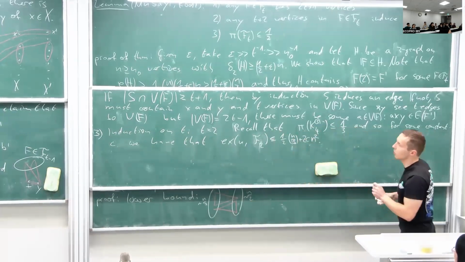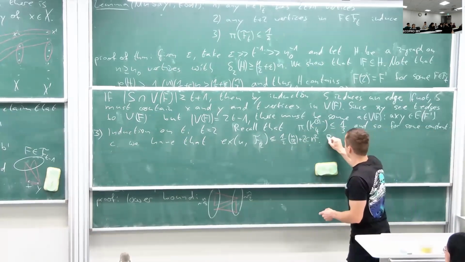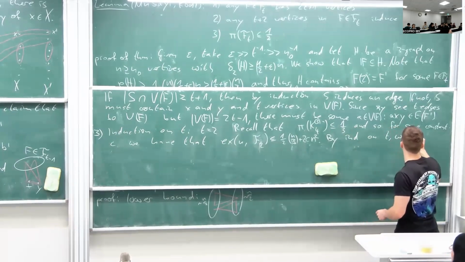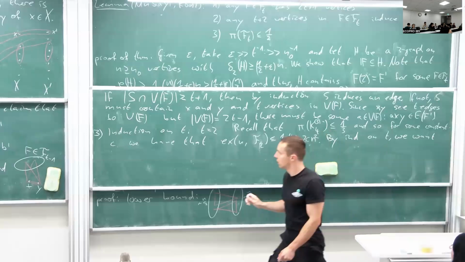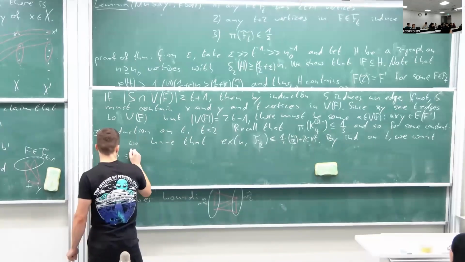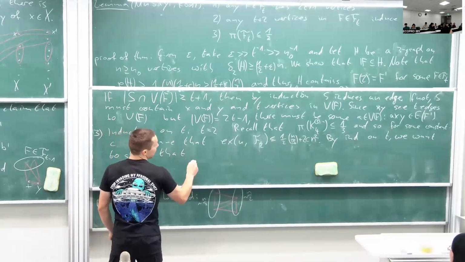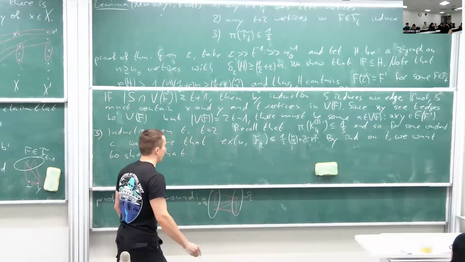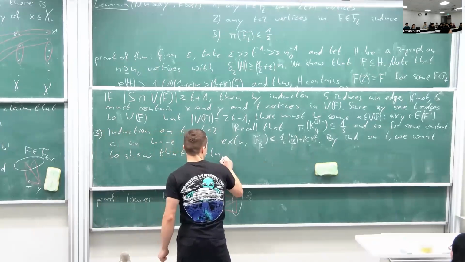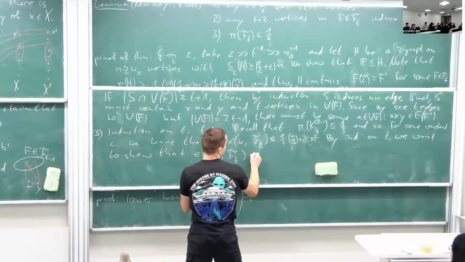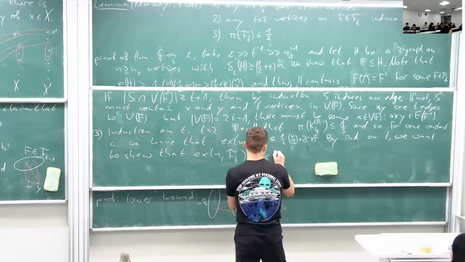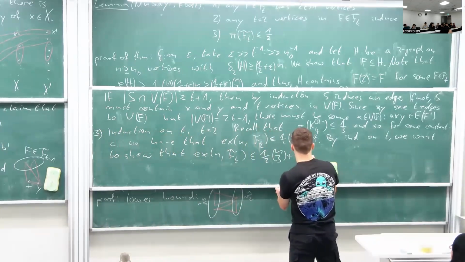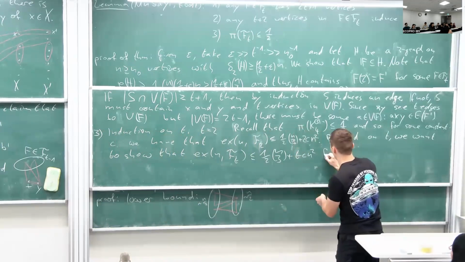And so by induction on T, we actually want to show that this form holds generally with the 2 replaced by T. This is at most 1/3 times n choose 2 plus (2 plus T) C n squared for all n.